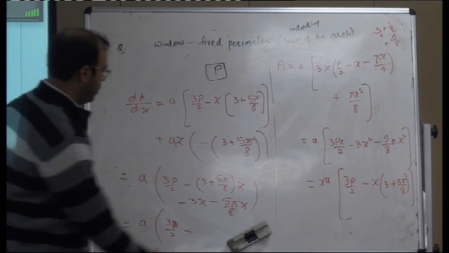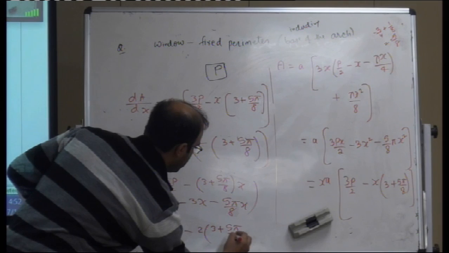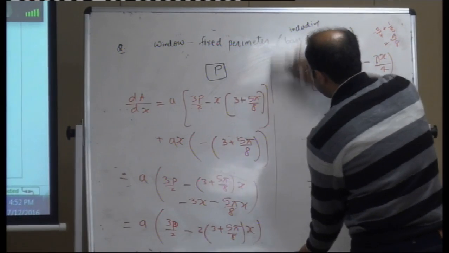This is twice, na? So 2 times of 3 plus 5 pi by 8 into x. This is all calculation which we are doing. So this is a little bit of calculation.